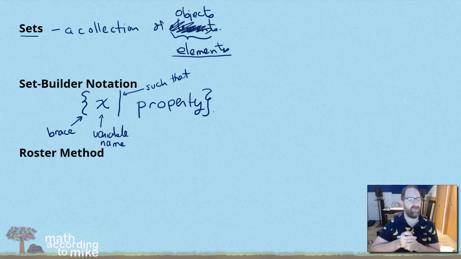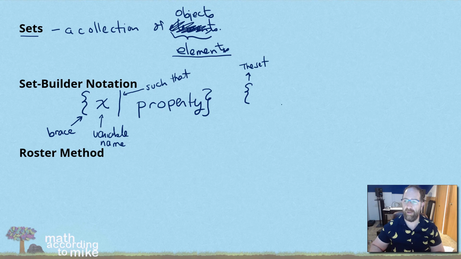So let's suppose we wanted to talk about all Cleveland sports teams, because who doesn't? We could say left brace, which would be pronounced "the set," and then we can pick a letter here.